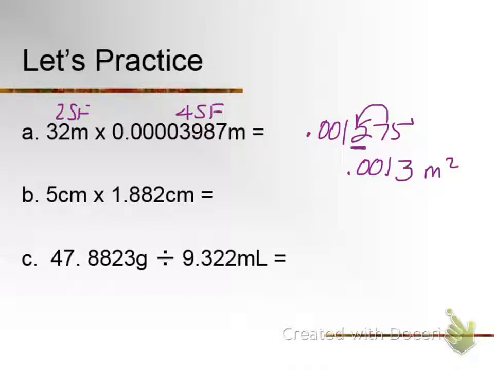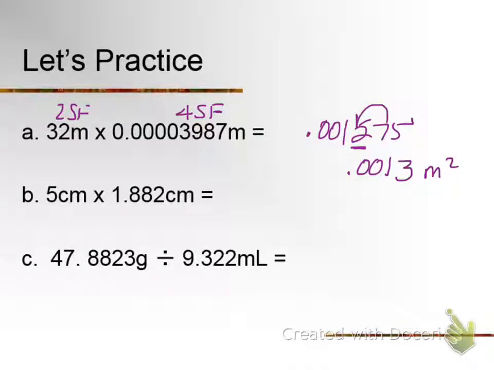I want you to do the next 2 and tell me what you get and how you would report it. And if you need a calculator, they're over there on the wall. I should have said you need a calculator today. I'll add that for next period. If you have one, great.